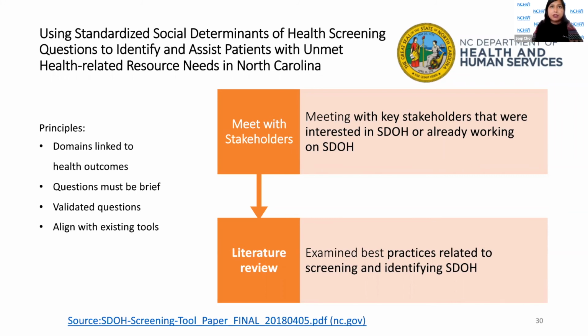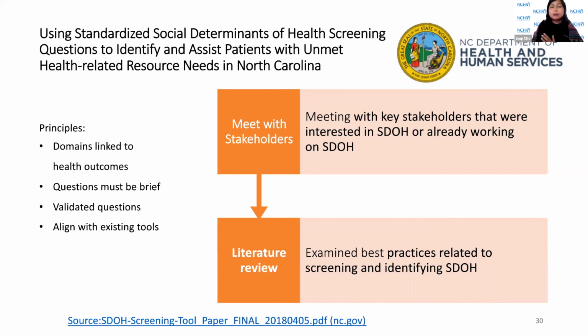And their Medicaid beneficiaries would be enrolled in health plans that are responsible for care management. And the state included linking patients to programs and services that address SDOH as a component of the care management requirements.